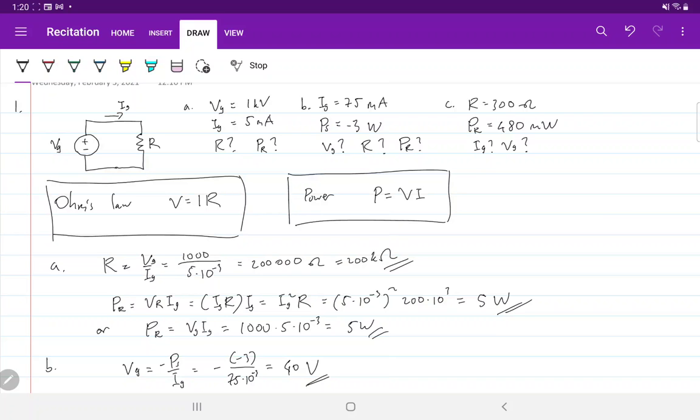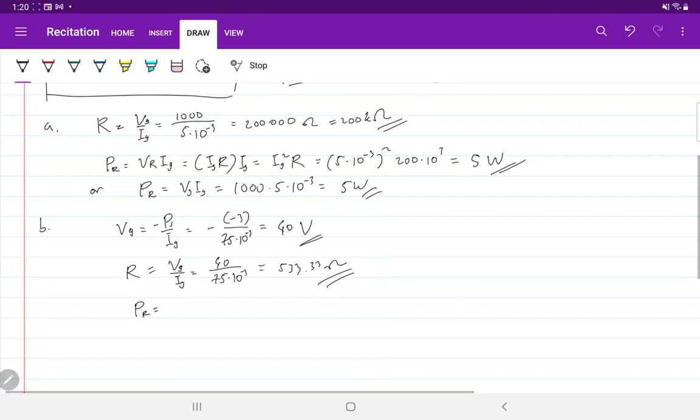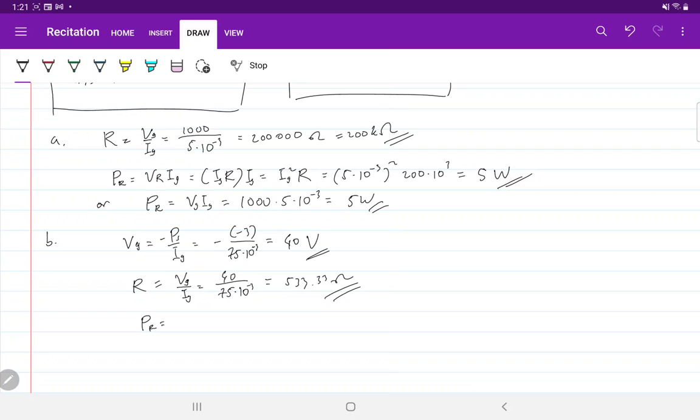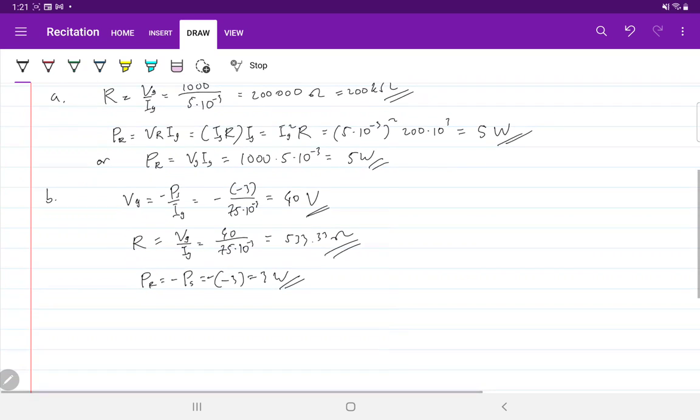With that assumption, the consumed power PR is equal to minus the given power PS, so minus minus 3, which is 3 watts.